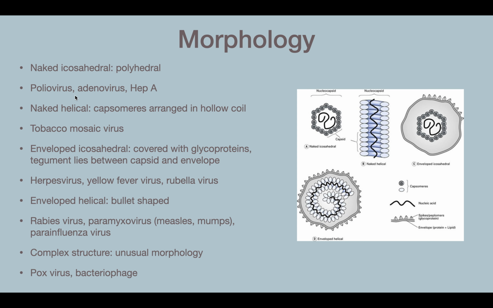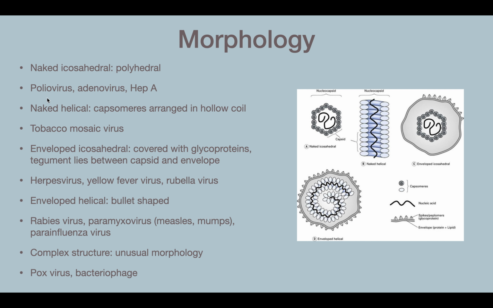Okay, so the naked icosahedral is a polyhedral structure. As you can see right here, the icosahedral is a 20-sided, not just a ring, it's a 3D structure, right? And they are not covered in an envelope, that's why it's called naked.